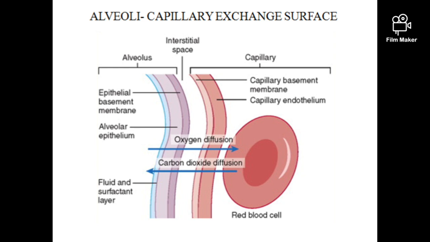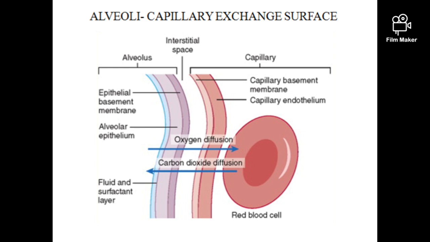If we have a close look at the alveolar layers, it has an epithelium, alveolar epithelium, and it has a basement membrane to it, and its inner surface is lined by a fluid which is nothing but the surfactants that are secreted by the inner side layer. And if we look at the capillary, as I mentioned earlier, it is a single layered membrane, and the membrane is endothelium, capillary endothelium with a basement.